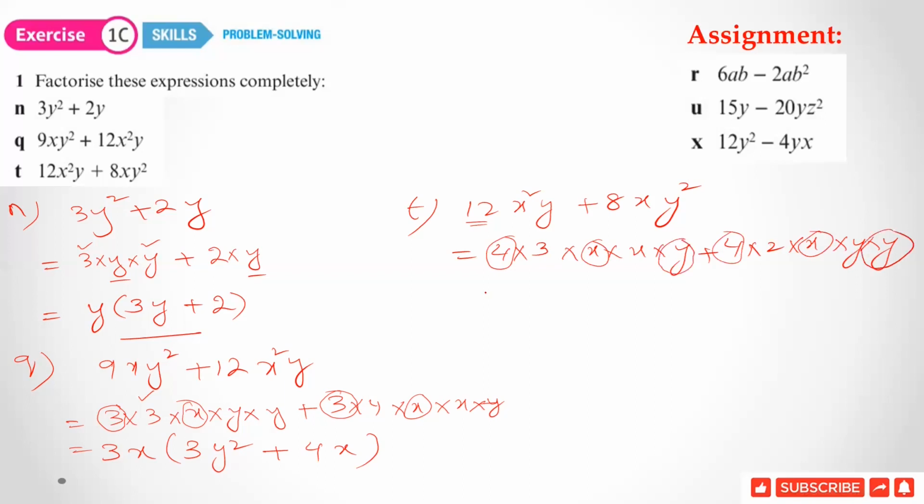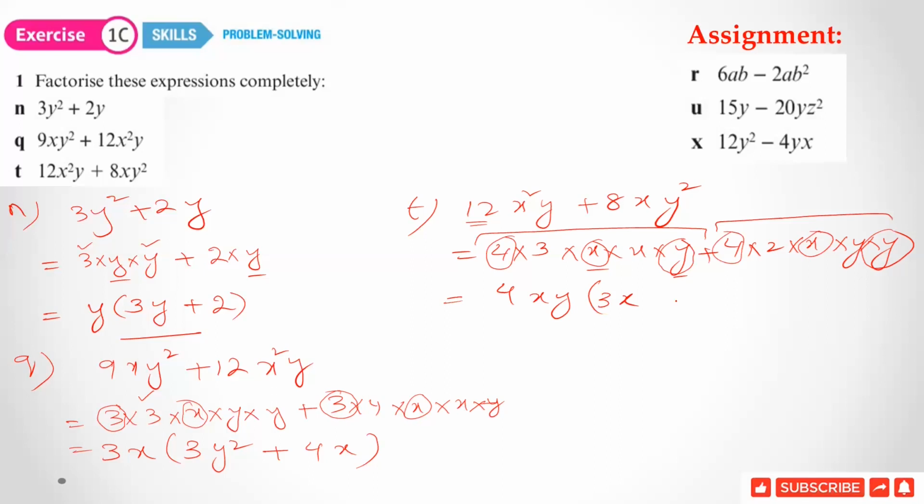So first we write here 4xy outside. So these are cancelled from these two terms. From this term we check which numbers are not circled, and we write these numbers and letters: 3x. Now we check the second term.